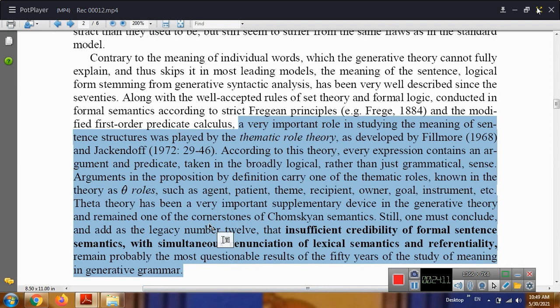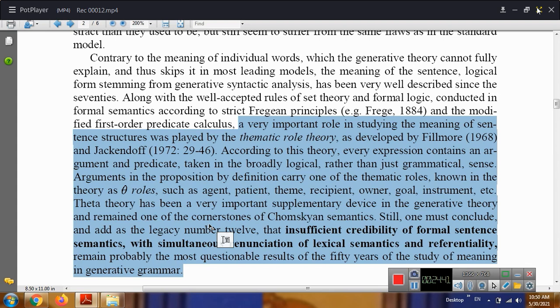We defined thematic role theory, we introduced its founders, and we told you its parts. It was developed by Fillmore and Jackendoff, and is logical in sense rather than grammatical.